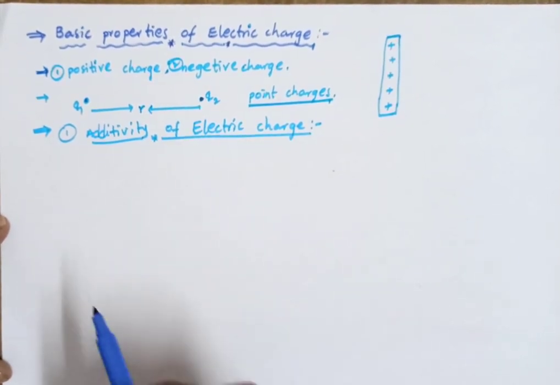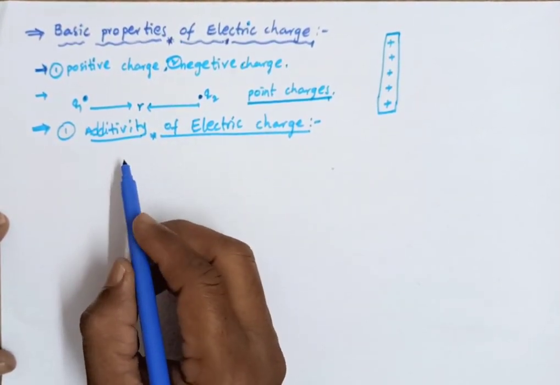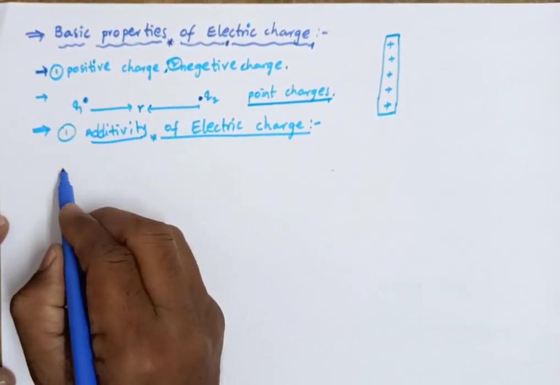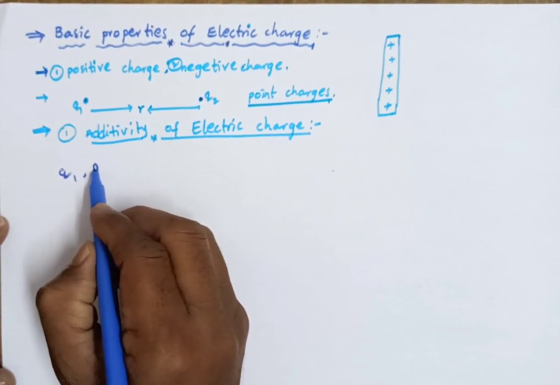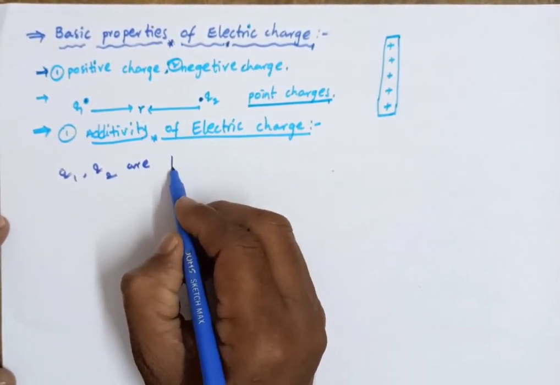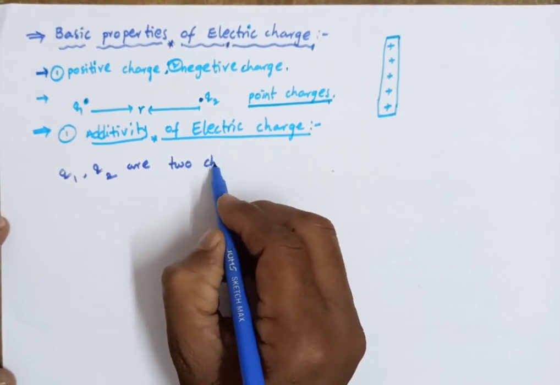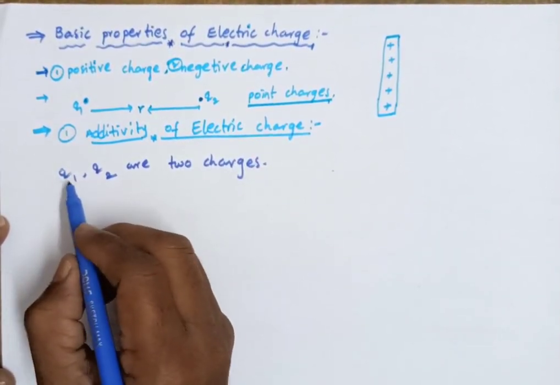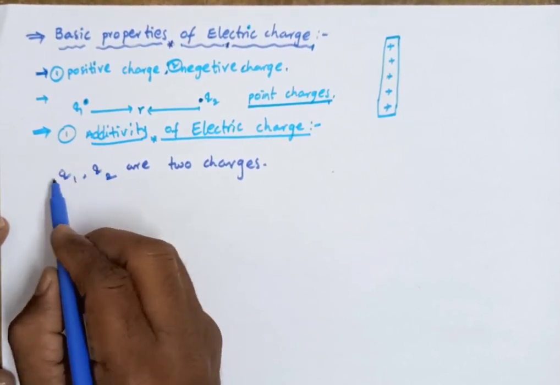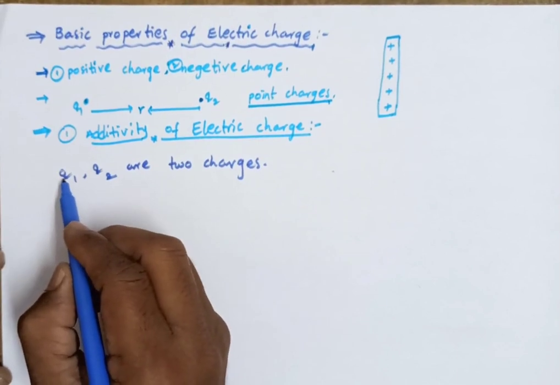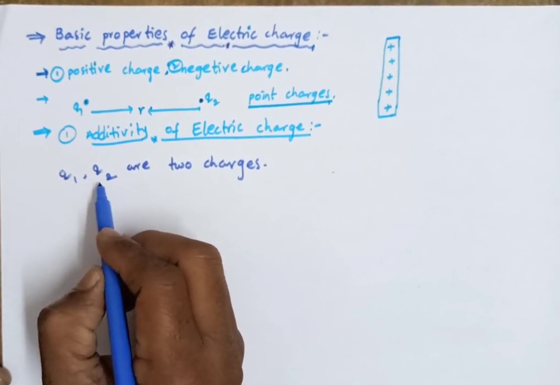For example, a system contains two charges, q1 and q2. These can be both positive charges, both negative charges, or one positive and one negative.